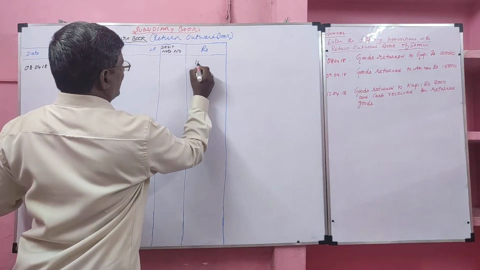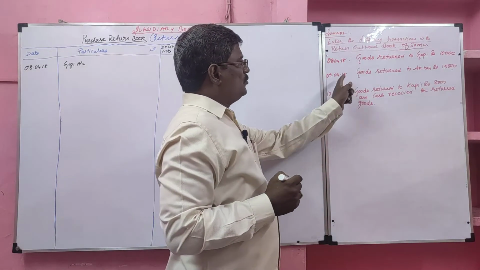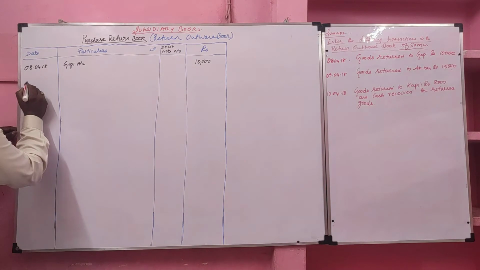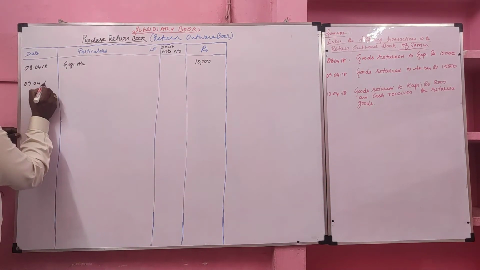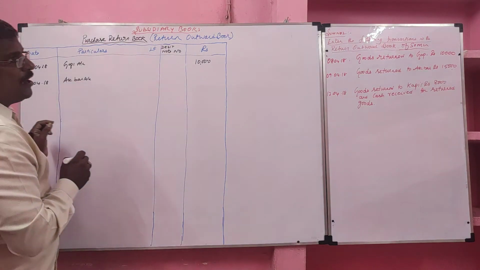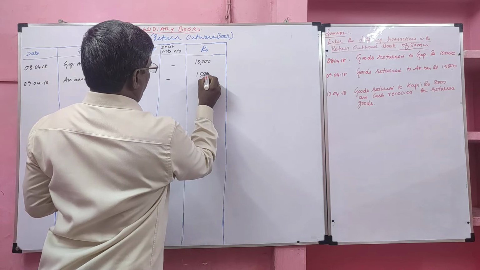How much? 10,000 rupees. Then on 9th April 2018, goods returned to Akbar. It will also be recorded. Akbar account. How much? 15,000.